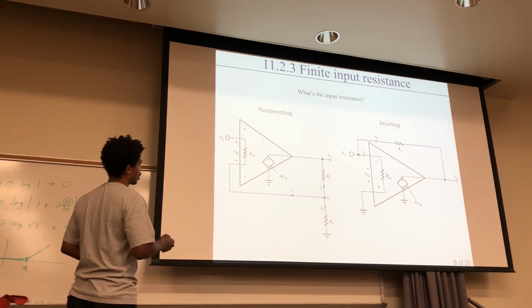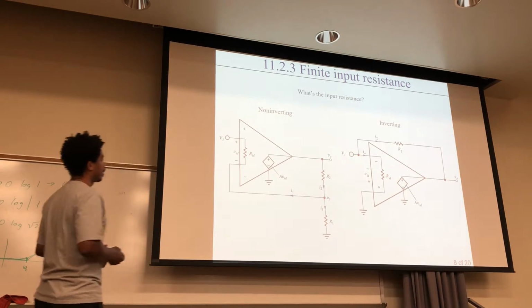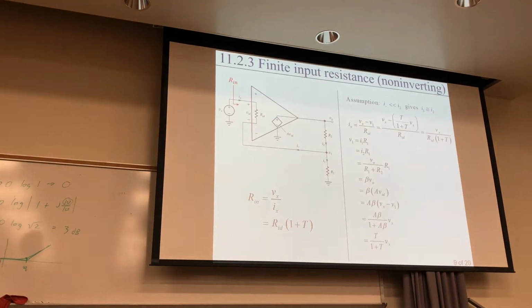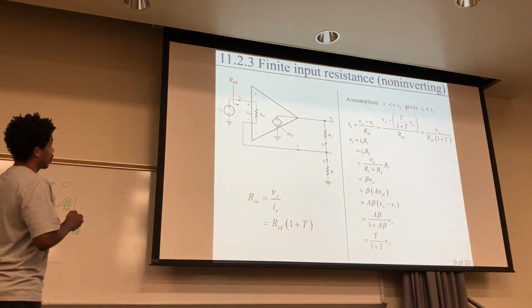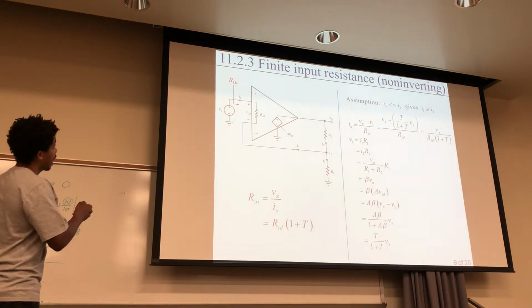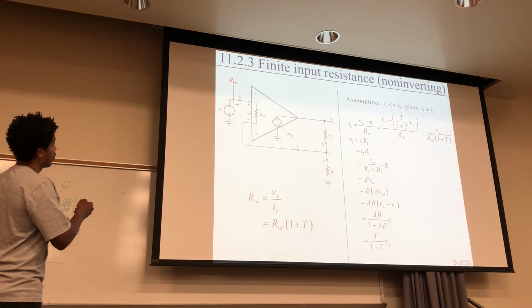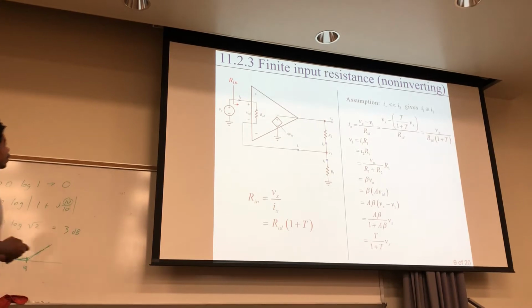So we can approximate that as about being 0. Okay, so this is what we're going to do. We are going to apply this voltage Vx to this, okay, and we're looking at the resistance looking into that op amp in that direction.